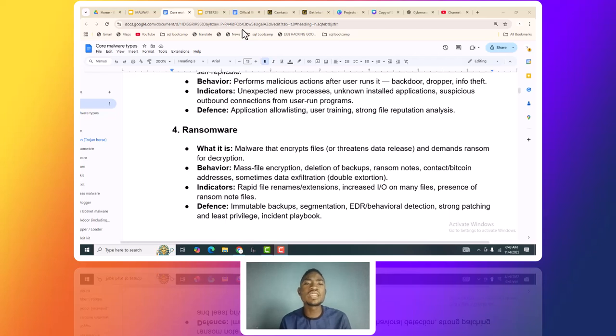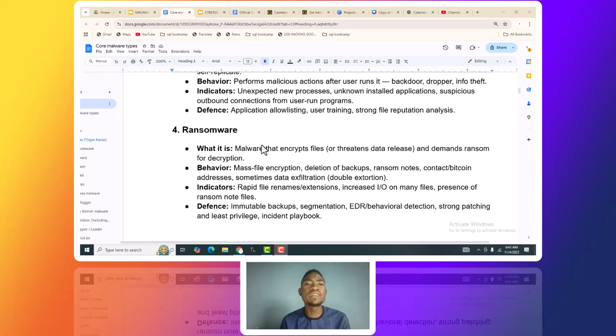Some of the indicators of compromise are rapid file renaming or extensions, or even an increase in the I/O on many devices or many files, and presence of a ransom note in some cases. These are some of the things that show there is actually ransomware in your system.